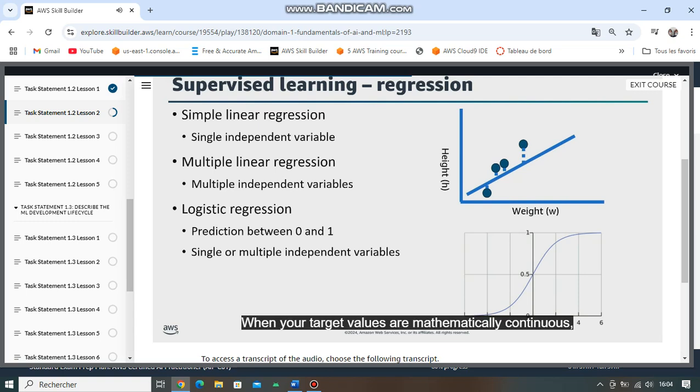When your target values are mathematically continuous, then you have a regression problem. Regression estimates the value of a dependent target variable based on one or more other variables or attributes that are correlated with it.